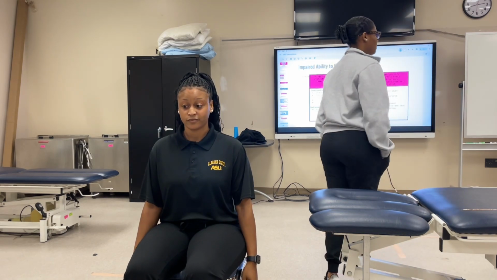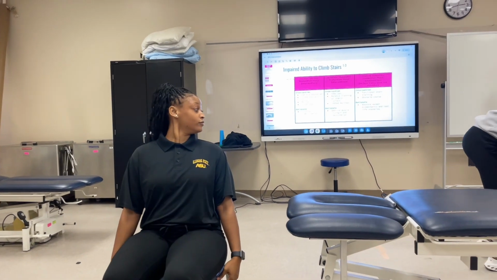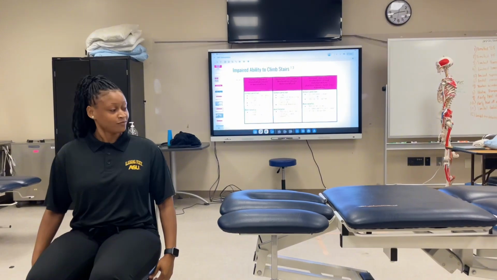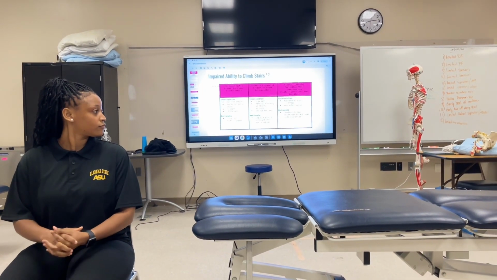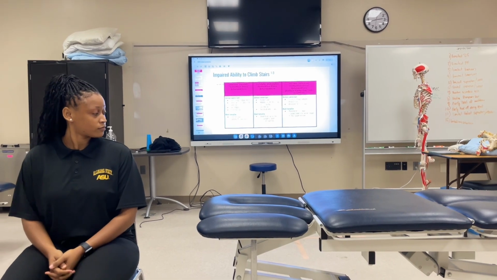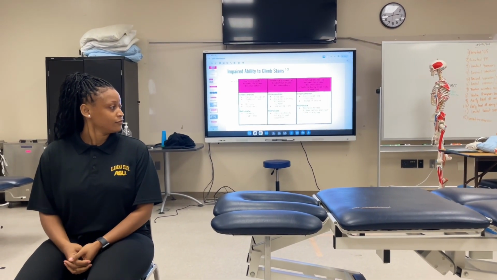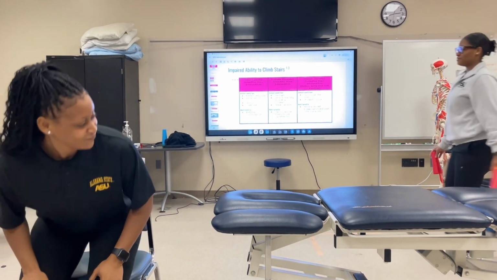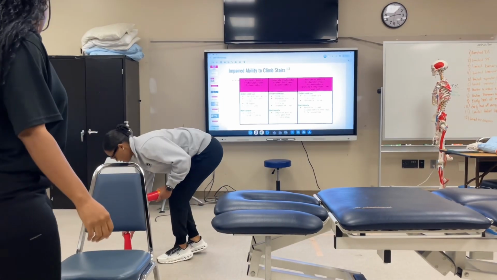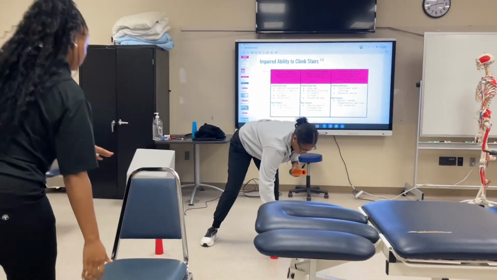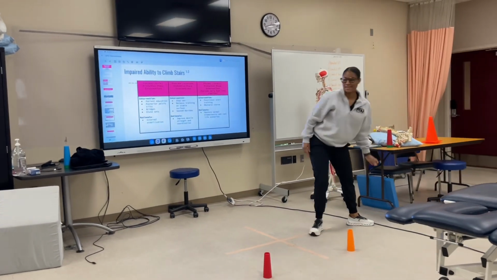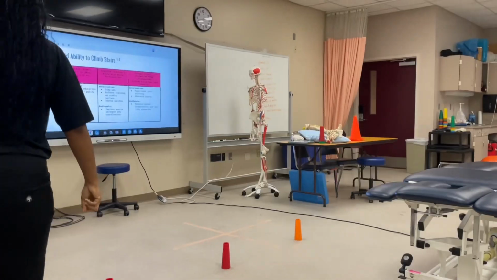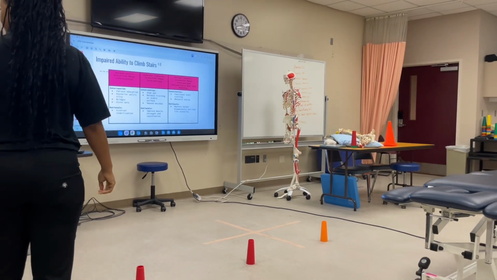And then for the minimal protection phase, we can do an obstacle course. I don't really have a lot to do an obstacle course with, but I have some cones here, and then our steps.